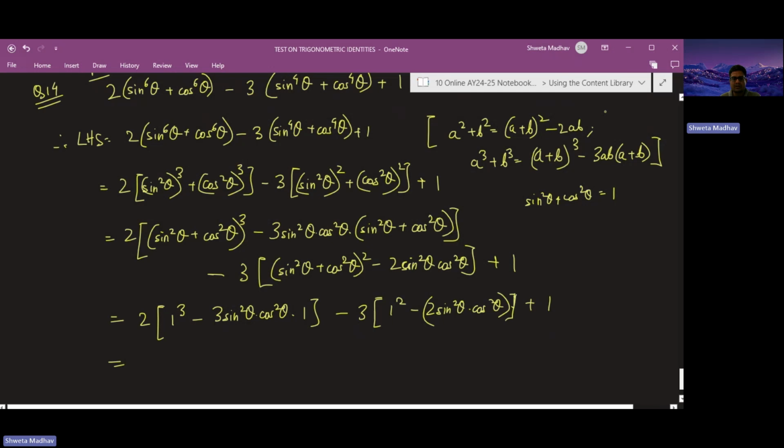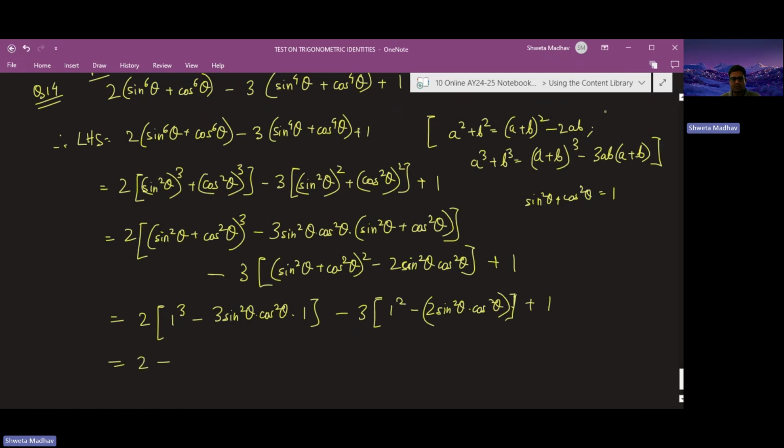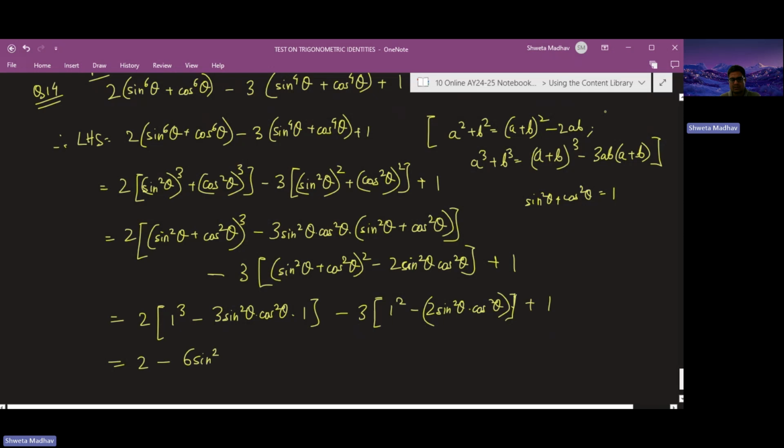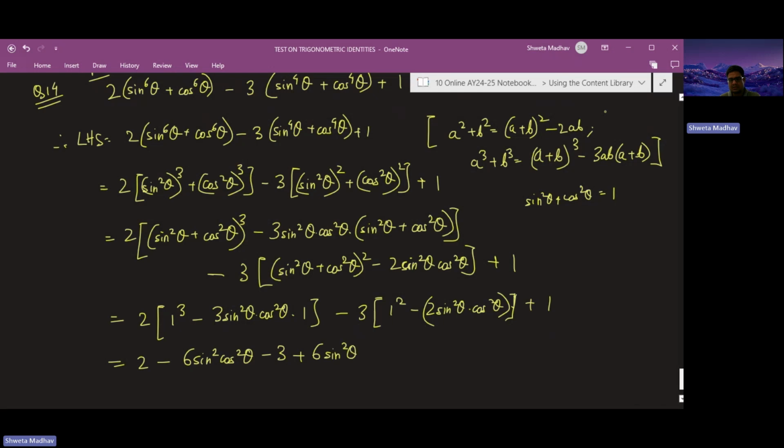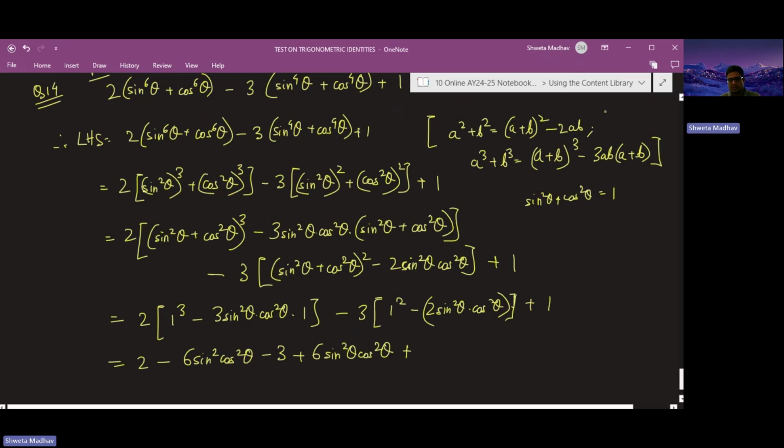So if we now simplify it, we will have 2 minus 6 sine square theta cos square theta minus 3 plus 6 sine square theta cos square theta and plus 1.